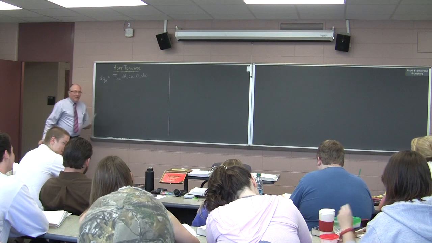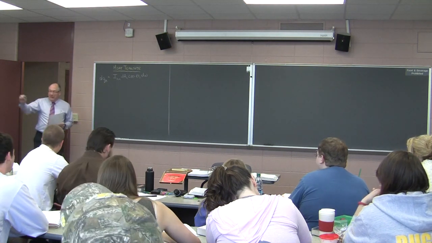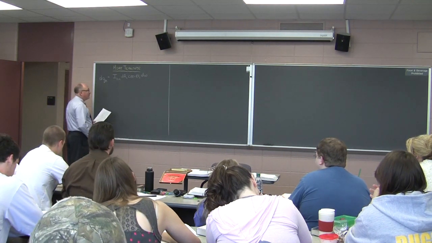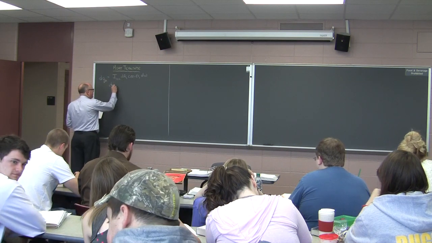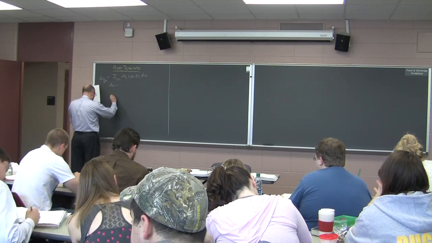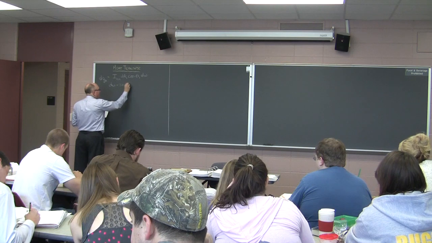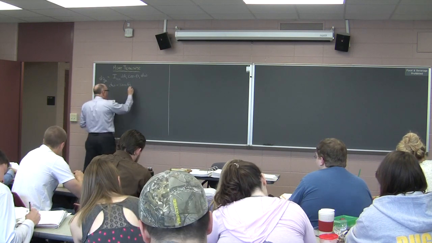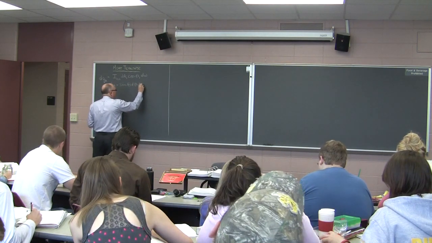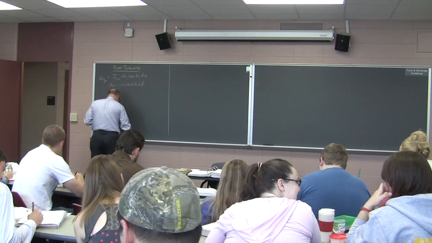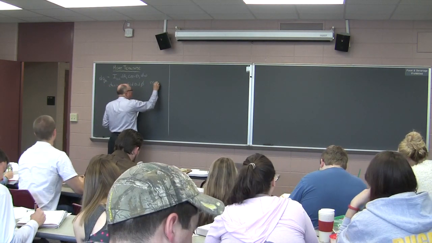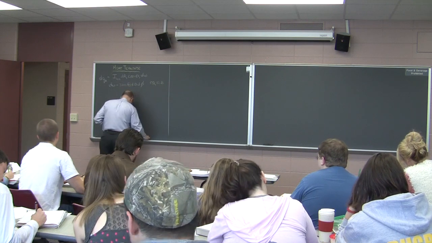We can also redefine d omega in terms of geometry. If we do that, we can say that d omega is equal to the sine of theta, d theta, d phi. And this is equation 12.8. This is the alternative.